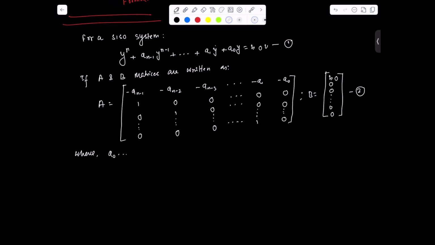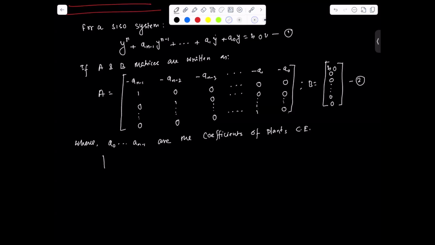Where a naught to a n minus 1 are the coefficients of the plant's characteristic polynomial or characteristic equation. We can find the characteristic equation as mod of sI minus A equal to 0.